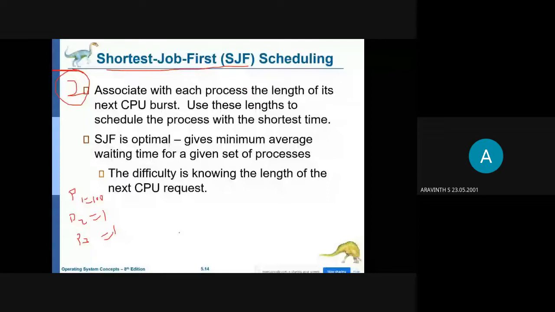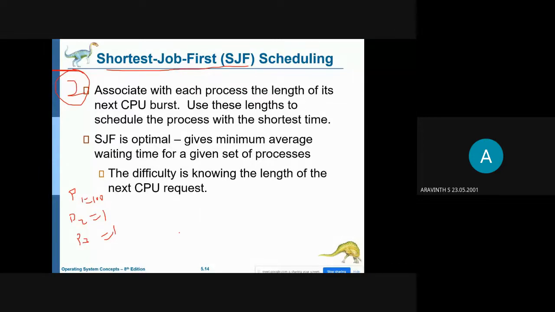So P2 and P3 wait a long time even though their burst time is very small compared to the currently running process. This is called starvation. Starvation means it waits indefinitely for a longer time, even though the burst time is very small.